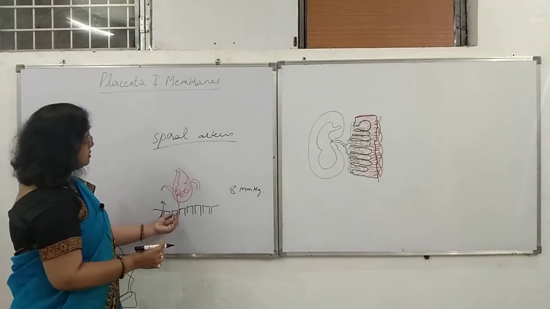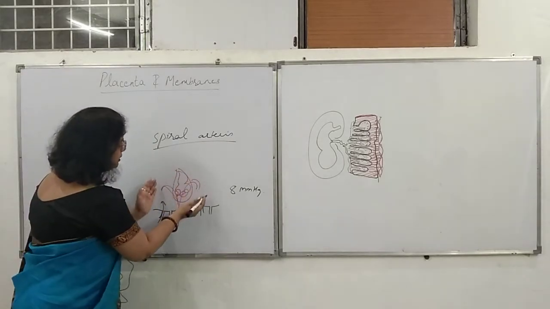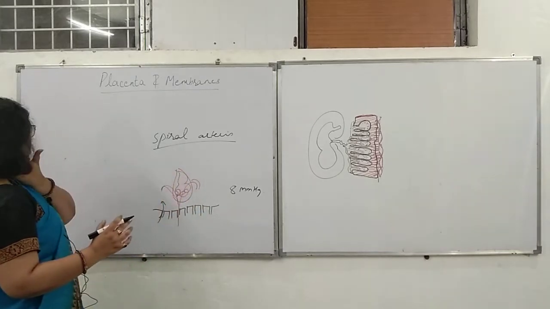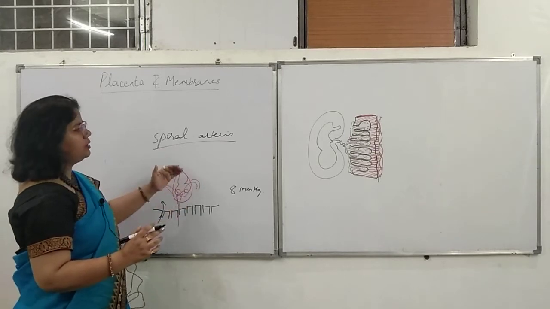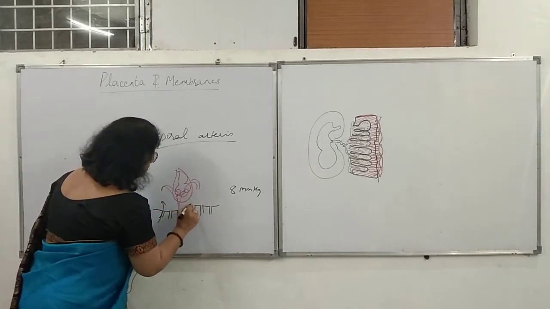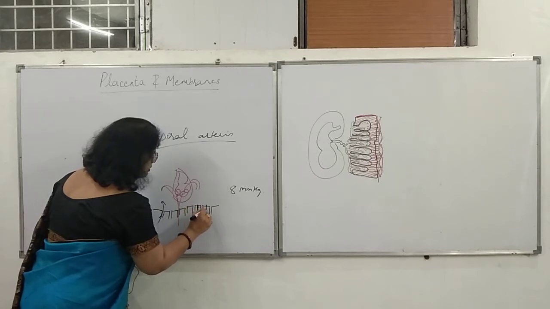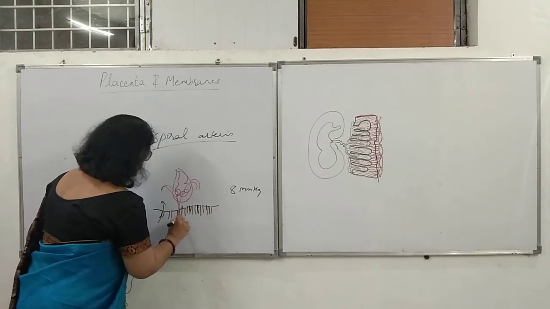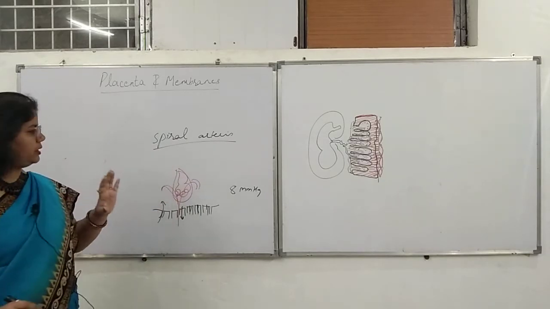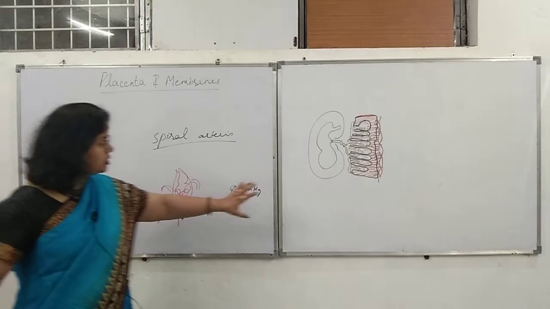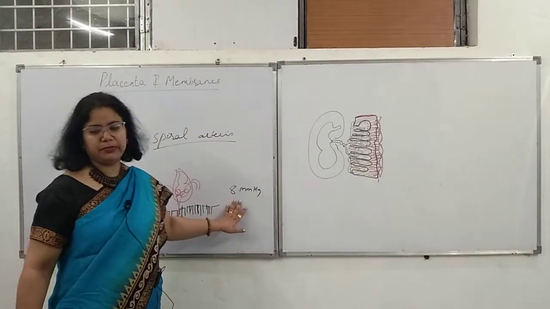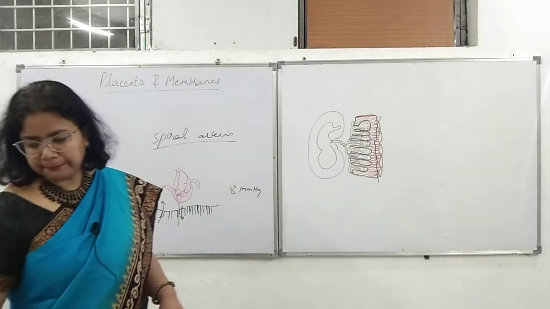It goes like a jet, then moves slowly with the help of the movement of the capillaries and blood vessels in the villi system, and they are later drained into the veins. It goes back in the veins. So this is the uteroplacental circulation. The pressure in the intravillous space is only 8 millimeters of mercury.